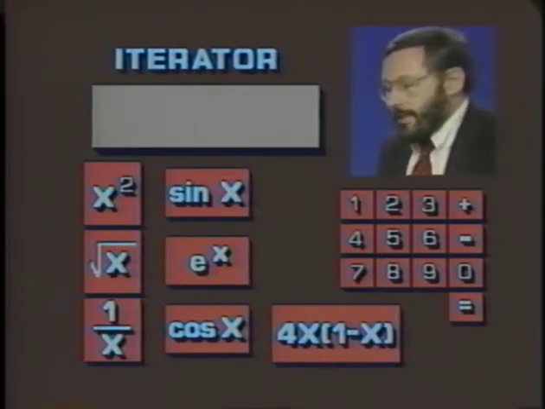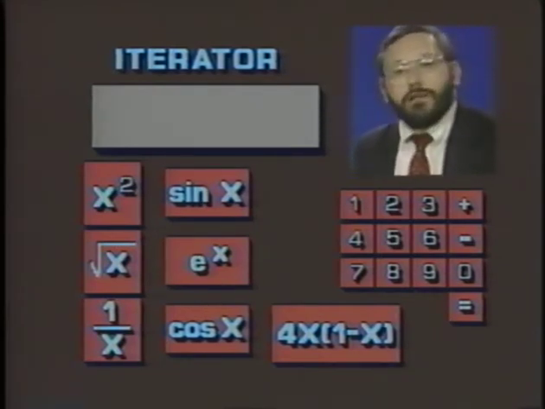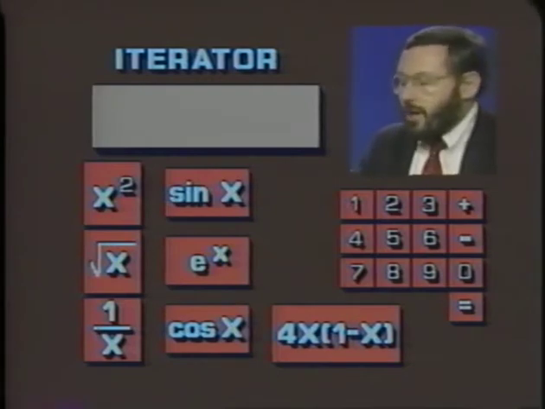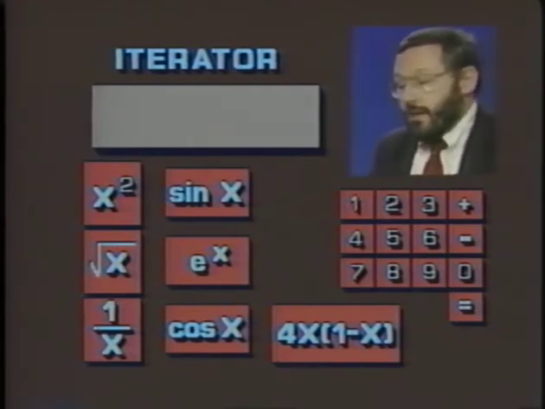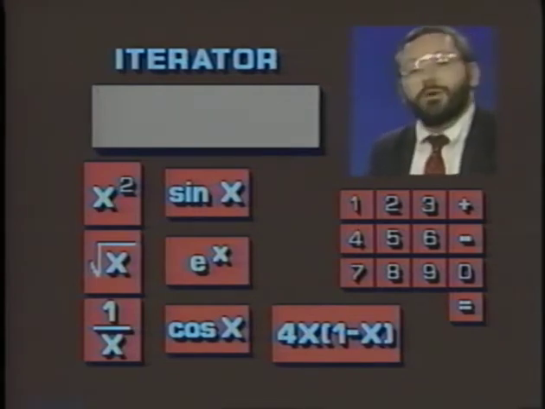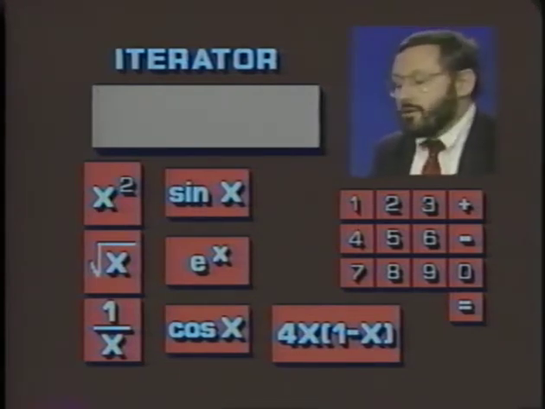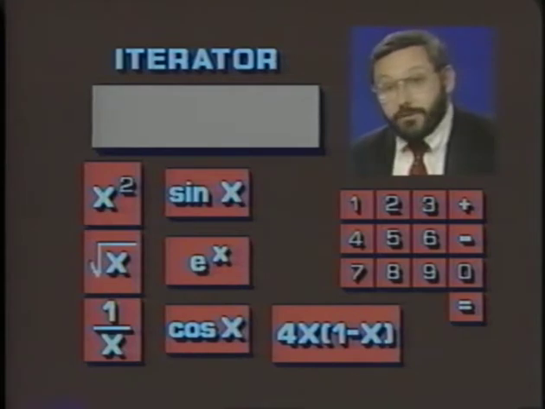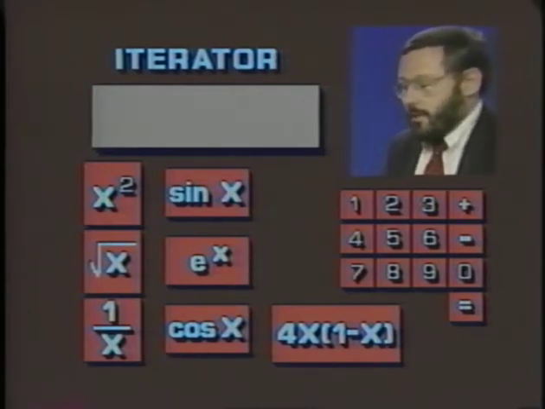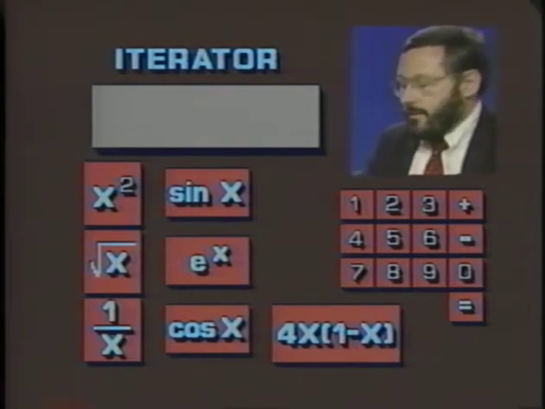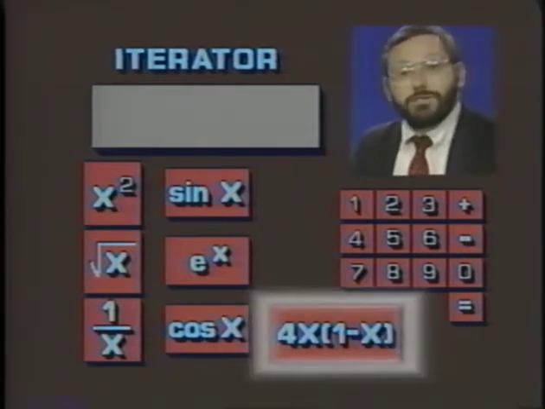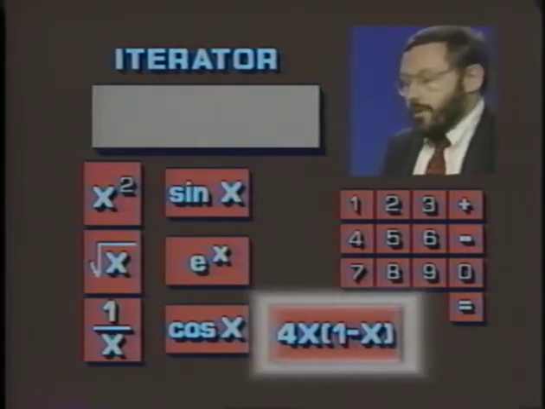You might recognize this as something that used to be called a calculator. I call it an iterator. An iterator comes with a bunch of numbers that you can input together with a bunch of functions which you can iterate. This iterator comes with the standard functions, x squared, square root of x, 1 over x, etc., and also with a quadratic function. So this is a fairly special iterator.